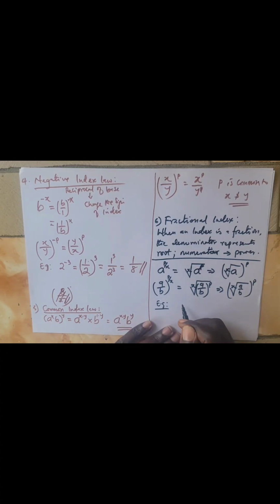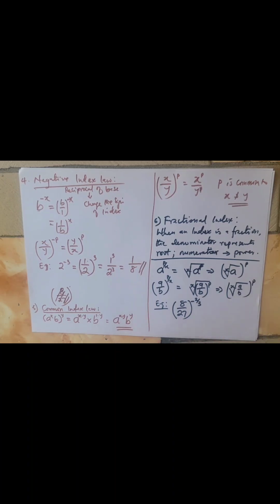What I wanted to write before, 8 over 27 raised to power minus 2 over 3. Here, we are combining three laws also to solve this problem.